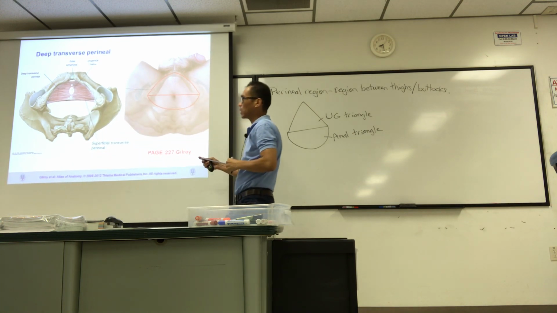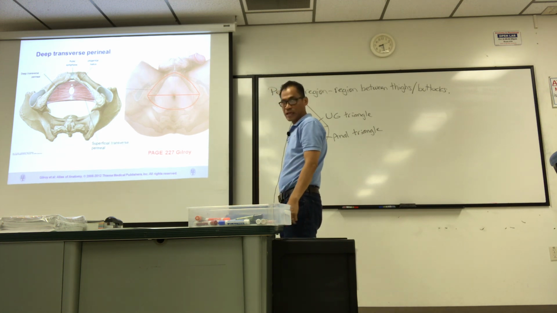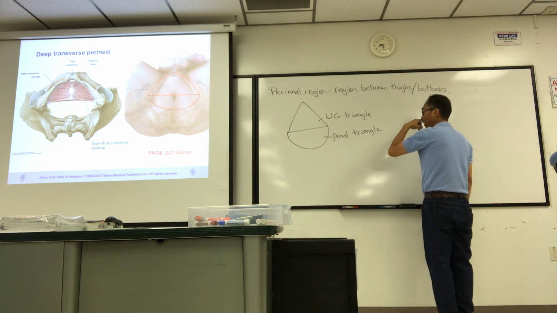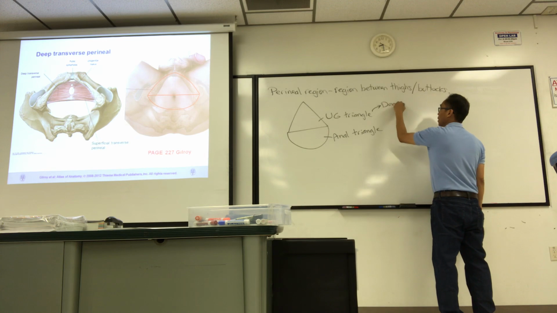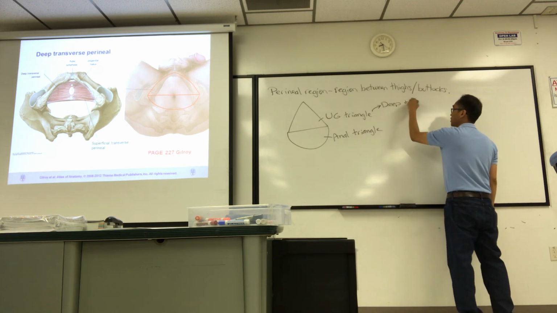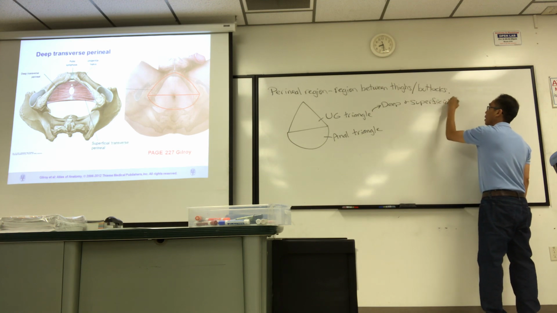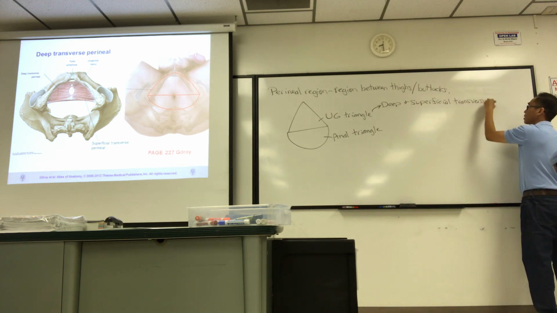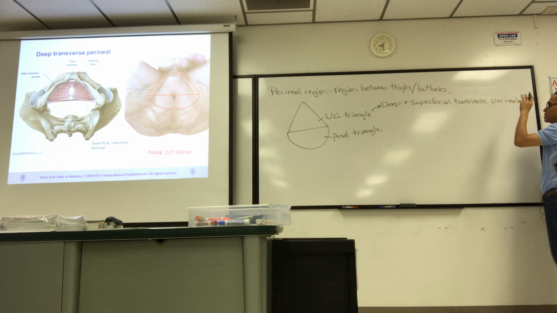That's the muscle that holds the structures in this region. So associated with this UG triangle, a muscle called deep and superficial transverse perineal. Okay, it's a muscle.